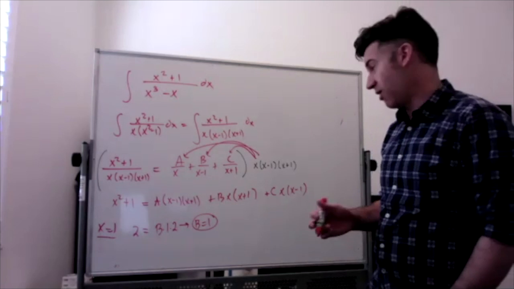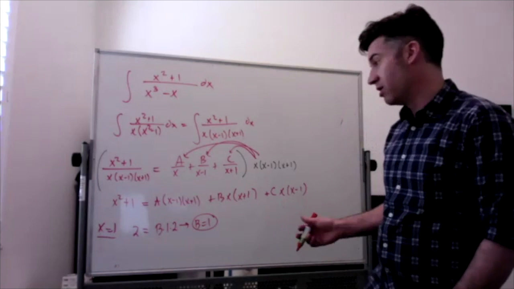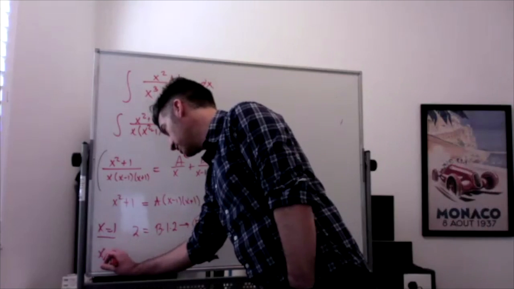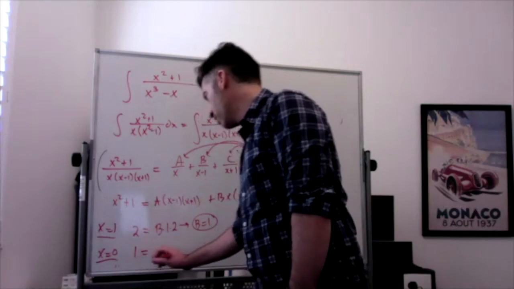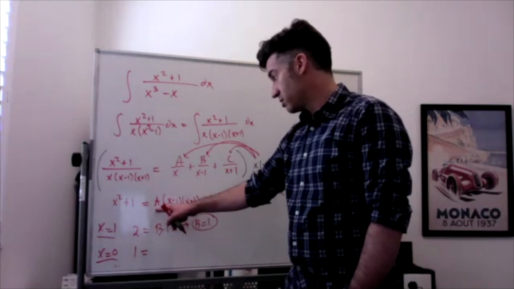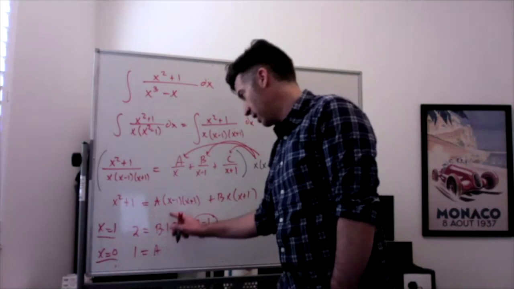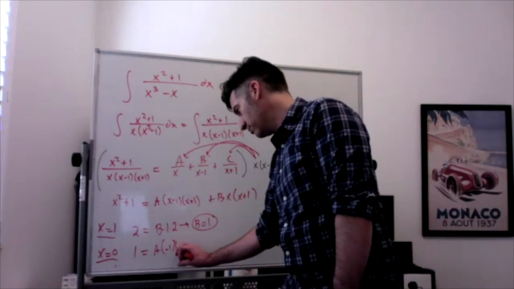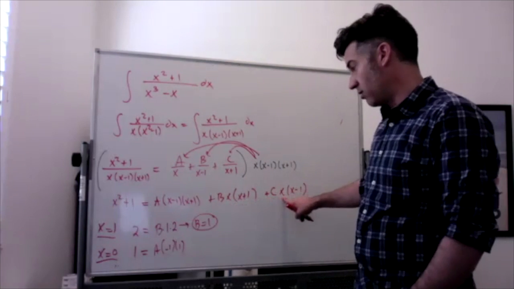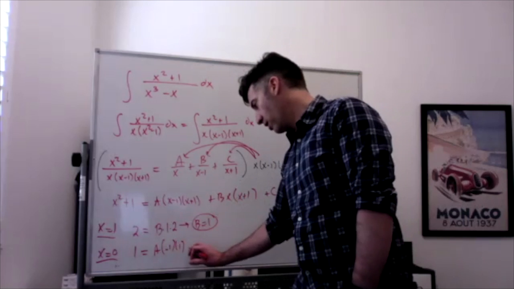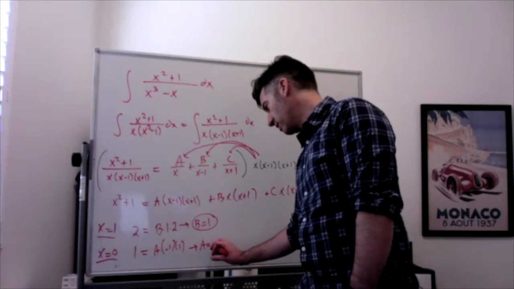Yeah, 1 or negative 1 or 0. So I'm putting x equal to, say, 0. I get 0 plus 1 on the left. On the right, I get a times negative 1 times 1. This will be b times 0 plus c times 0. So I get negative a equal to 1. So a is going to equal negative 1.